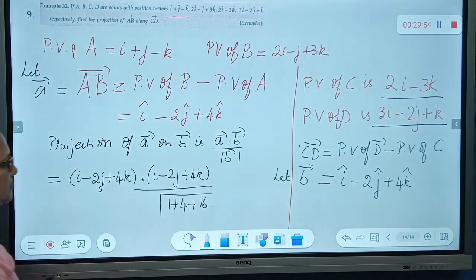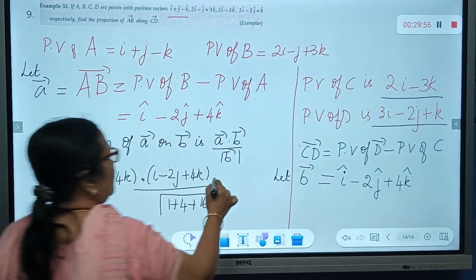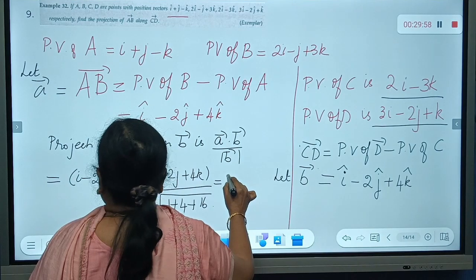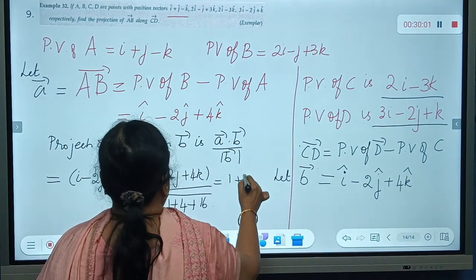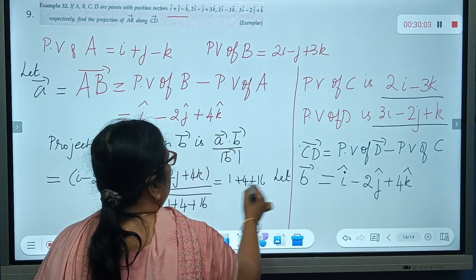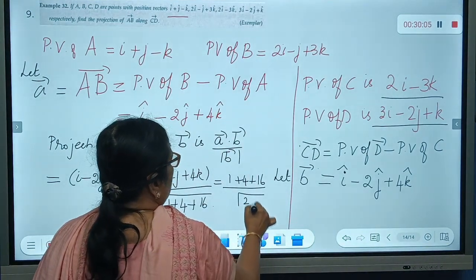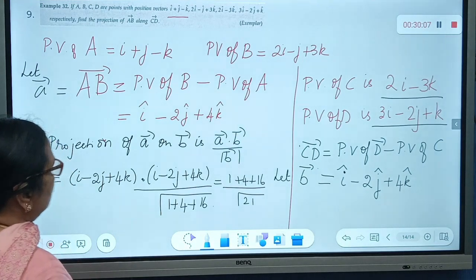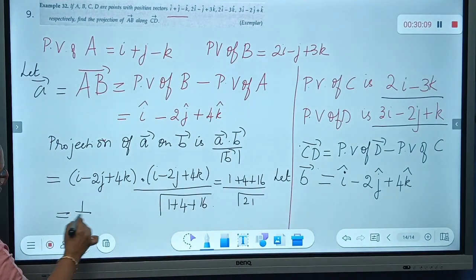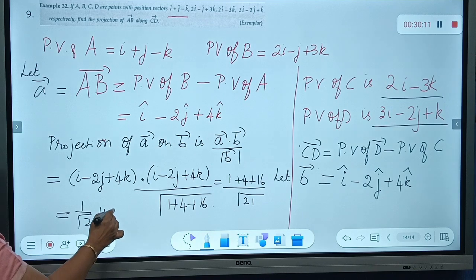This will give you 1 plus 4 plus 16, that is 21, by root 21, which is root 21 units.